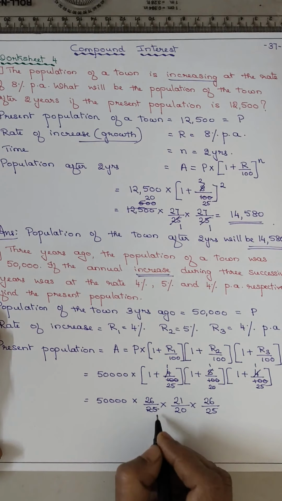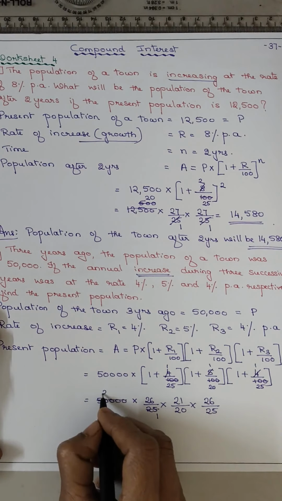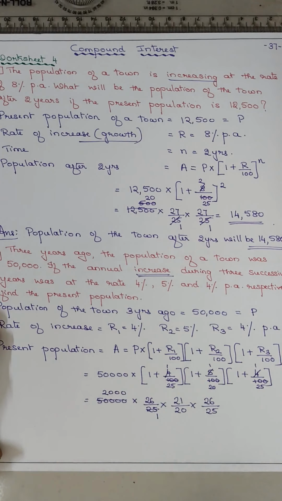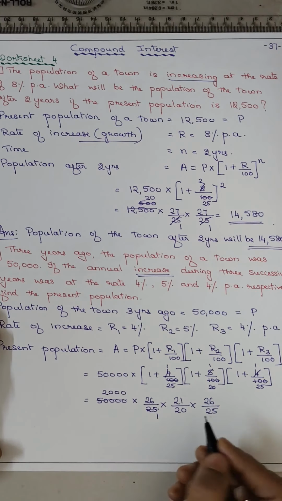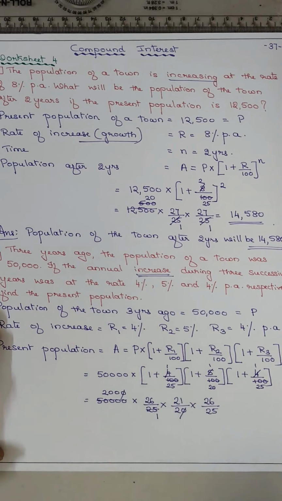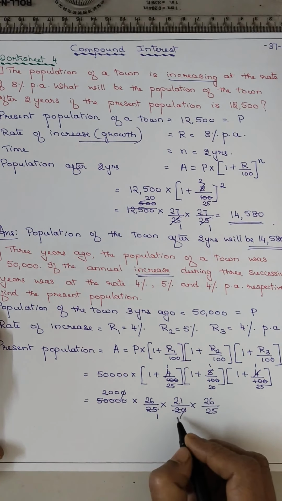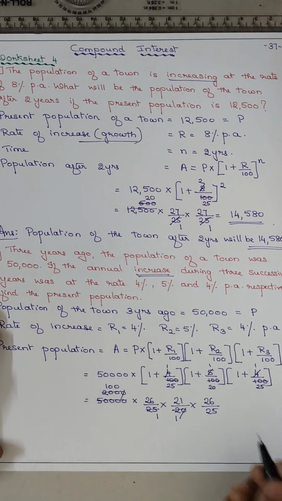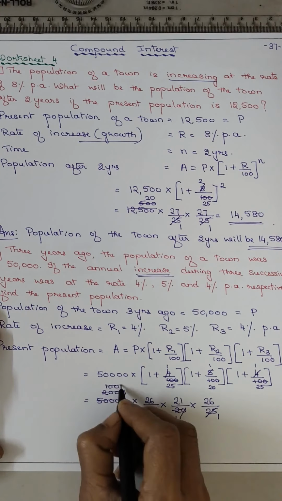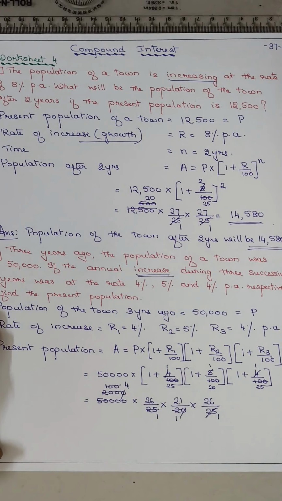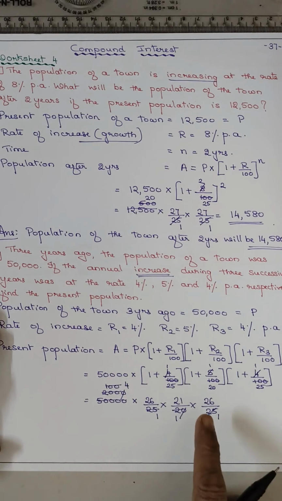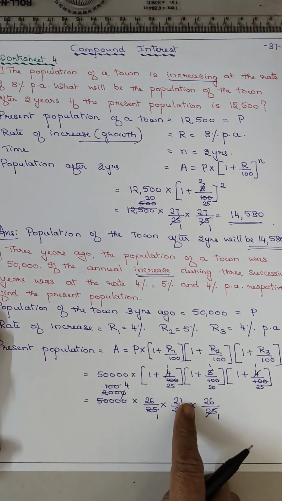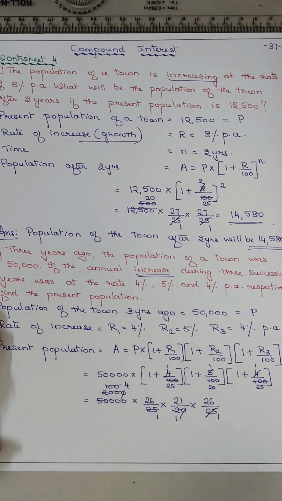Now you know 25 ones are 25, twos are 50 and 3 zeros. Then 0, 0 cancel, 2 ones are, 2 hundreds are. 25 ones are, 25 fours are. Multiply 26 into 26, 676 into 21 into 4.